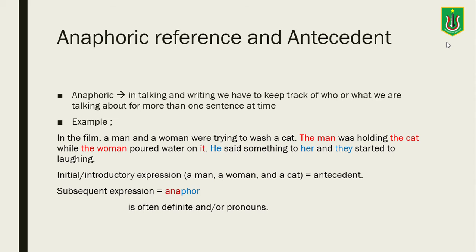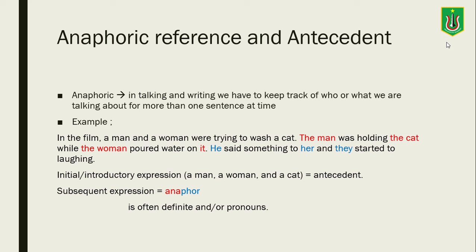Anaphoric: in talking and reading, we have to keep track of who or what we are talking about for more than one sentence at a time. Example: in the film, a man and a woman were trying to wash a cat. The man was holding the cat while the woman poured water on it. He said something to her and they started laughing.